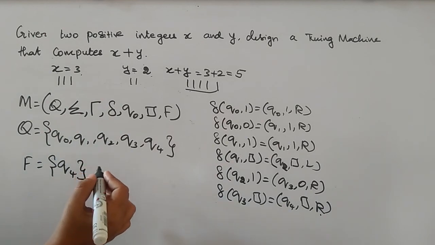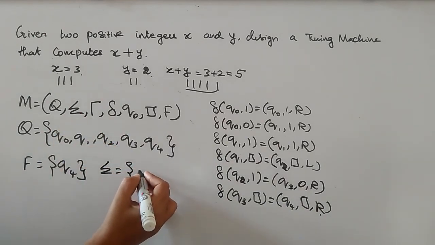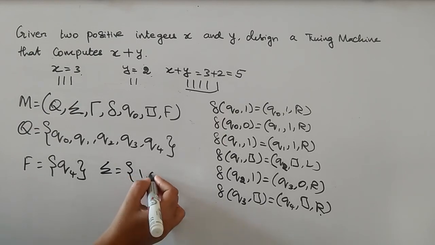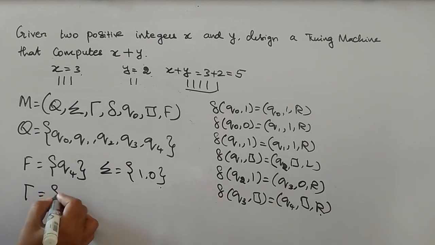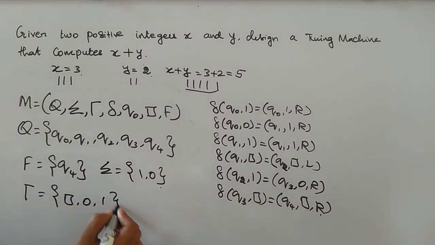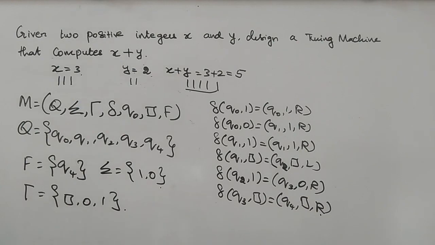And the input is 1 and 0, right? And the tape symbols are blank, 0 and 1. So we have designed the Turing machine and we have defined the transitions here also.